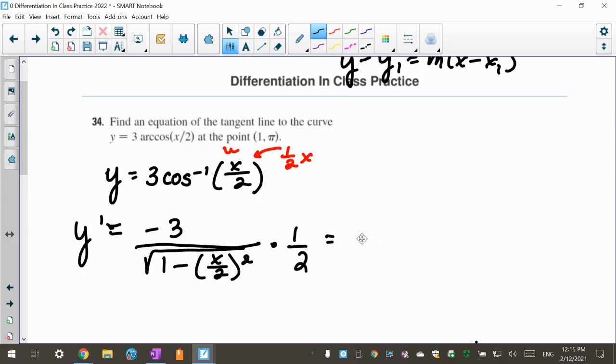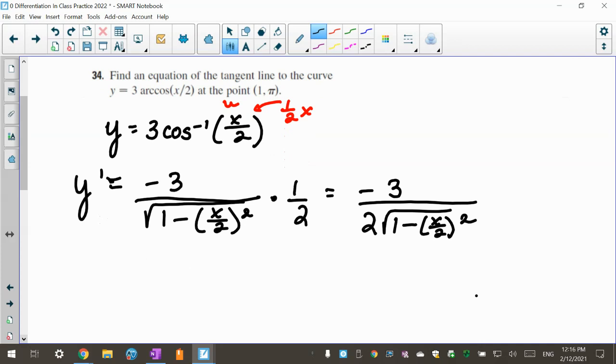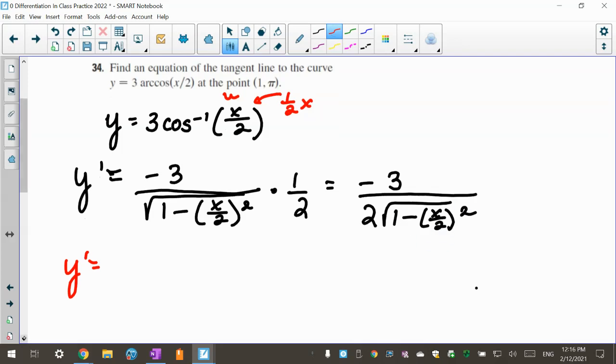So that comes out to be -3 all over 2 radical 1 minus x over 2 squared. Now, I would play around with that and simplify the bottom even more, but because we're going to plug in a 1, I'm going to put the number in right now, so that will be simpler with a number right in there. But you could actually play around with this and simplify it.